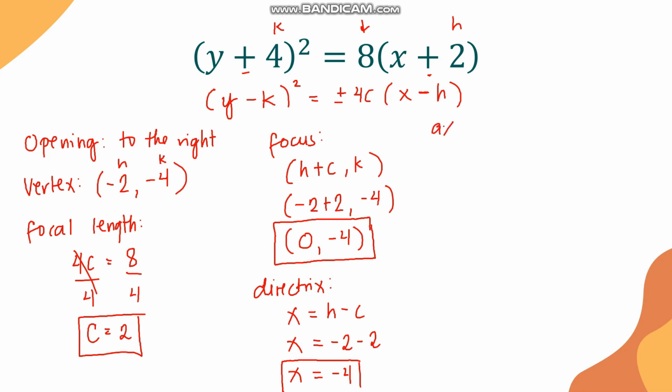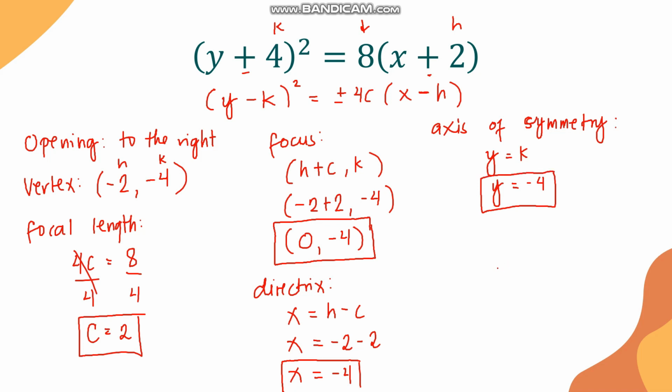And last, the axis of symmetry. Since it opens to the right, it follows the form y equals k. And we know that k is negative 4, so the equation is y equals negative 4.